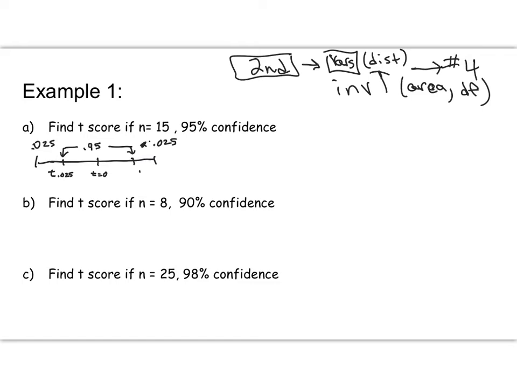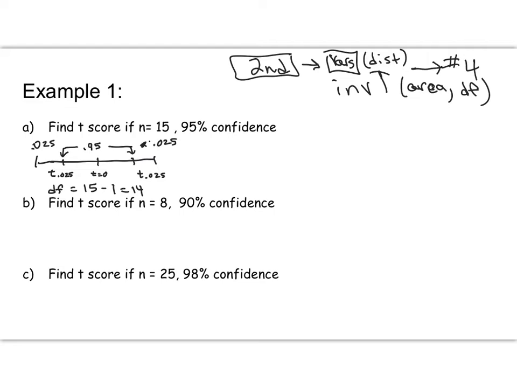And then I need the other corresponding value over here. One will be positive, one will be negative. And while I'm at it, I'm going to calculate the degrees of freedom. So that's going to be 15 minus 1, which is 14. And you can look that up in the table if you'd like.